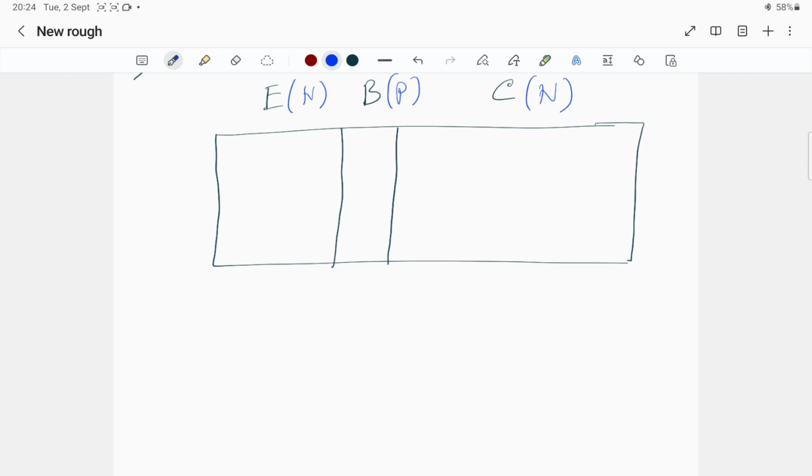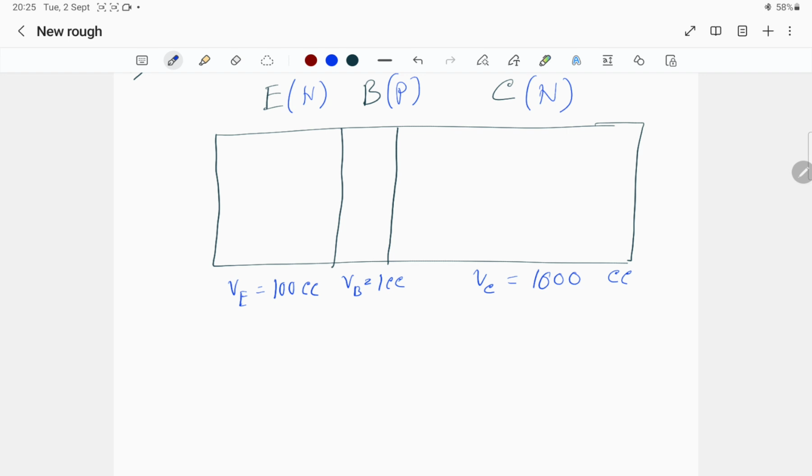Now let us say that this emitter has a volume V of E is 100 cc, 100 cubic centimeter. The volume of base is only 1 cc, whereas volume of collector is 10,000 cc, right? Or let me just put 1000 cc, that will be easier to calculate.